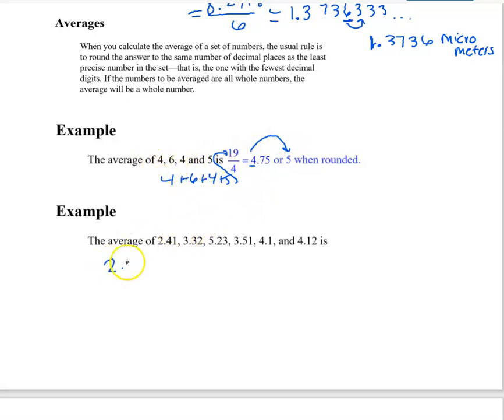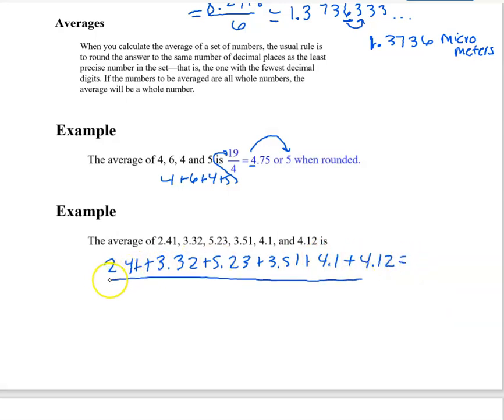So if we do 2.41, okay, we've got 1, 2, 3, 4, 5, 6 numbers, getting 22.69 divided by 6.